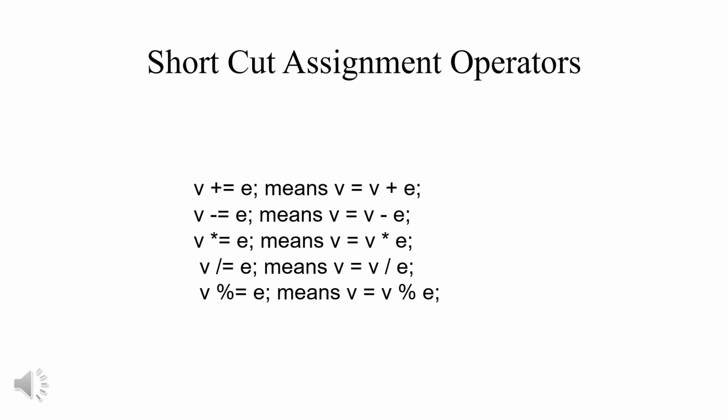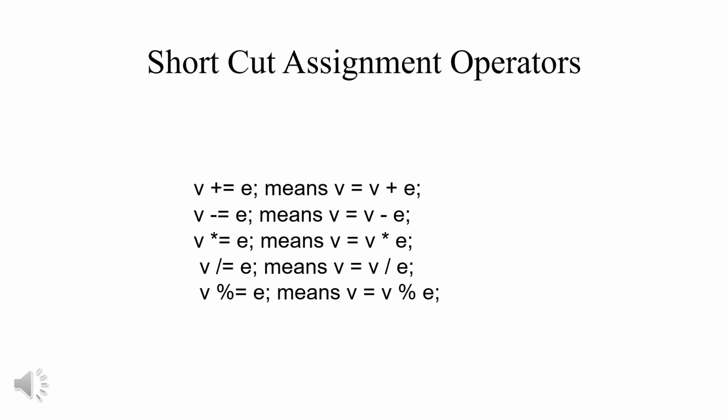You can write it like v equals v plus e or v equals v minus e. So the value of v would be the value of v plus the value of e. So as you see here, v has been repeated on the right hand side and the left hand side.